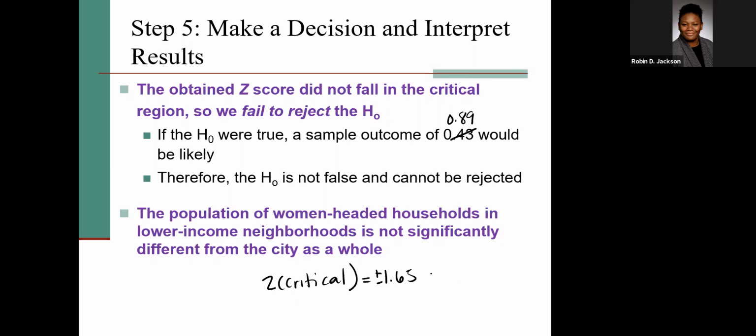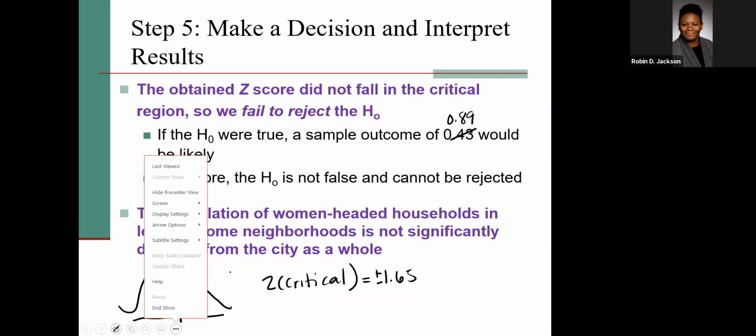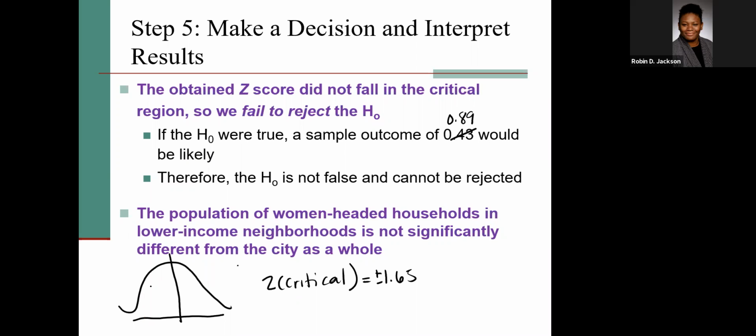It's not beyond the critical region, because if we go and we draw this out, again, this is why we draw out the curve. Mine looks a little crazy, but that's okay. All right, so let's see here. So we'll say 1.65, 1.65.